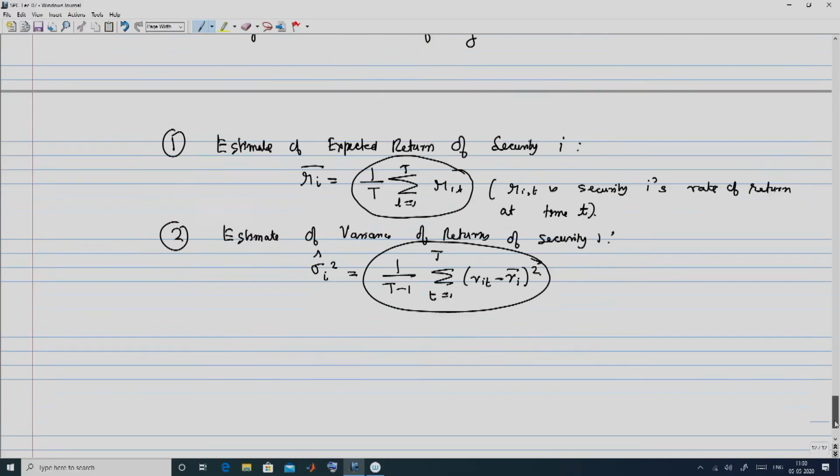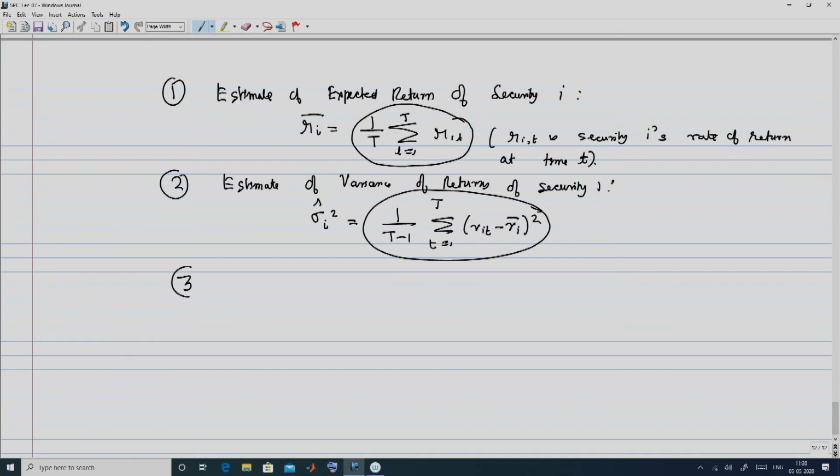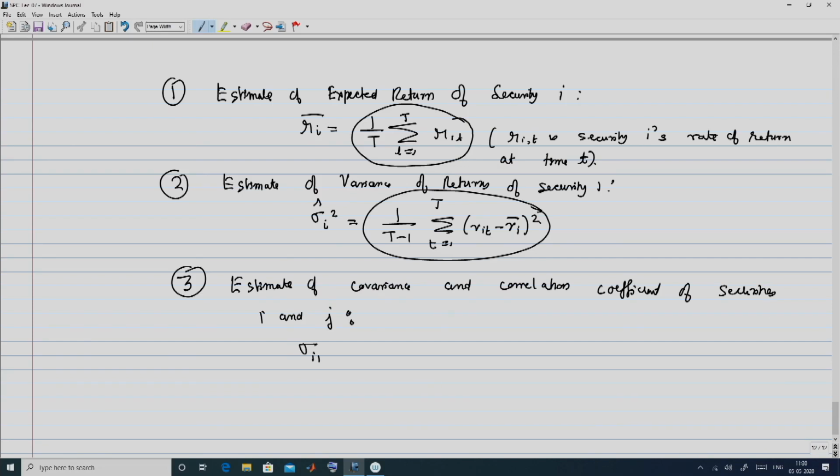So, thirdly, the estimate of covariance, and of course, we should not forget the correlation coefficients of securities I and j. This is given by sigma I j hat for the estimator, again 1 divided by T minus 1 summation.